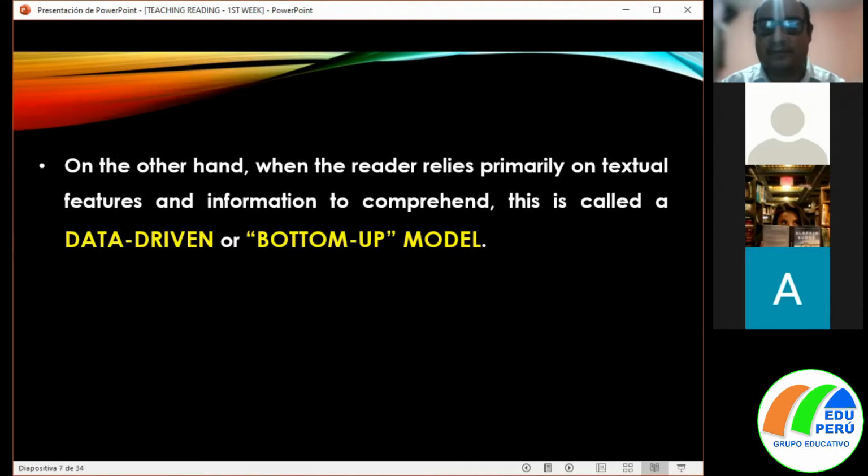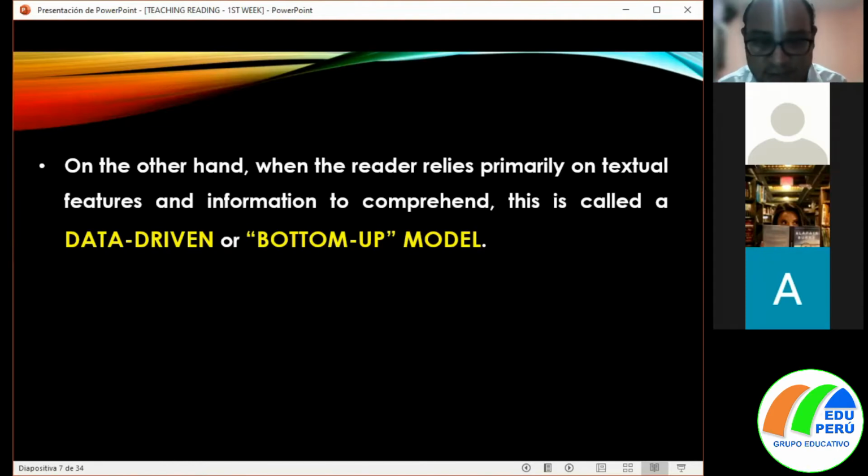This is what you told me, no? When you say, oh, teacher, reading is to understand the words, to understand sentences, paragraphs, and to get a meaning, a message of the text. So it means that you're focusing more on the bottom-up model. You focus more on the textual features of the text and information to comprehend.